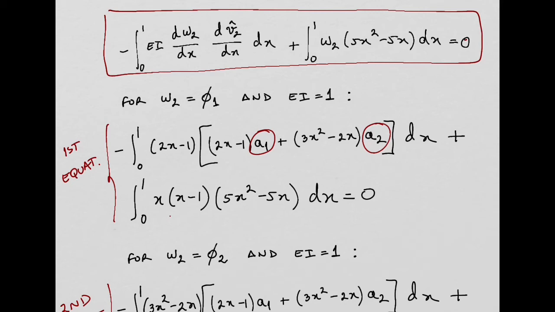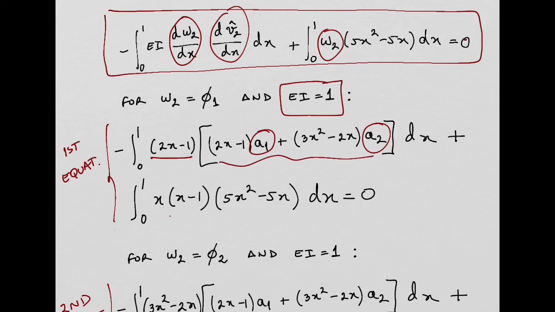Now, after replacing these derivatives and the weighting function, which in the case of Galerkin's is the same as the shape functions, and of course, assuming EI equal to 1, like we did in the previous session, just to simplify the calculations, we obtain, so this is the derivative of the first shape function.